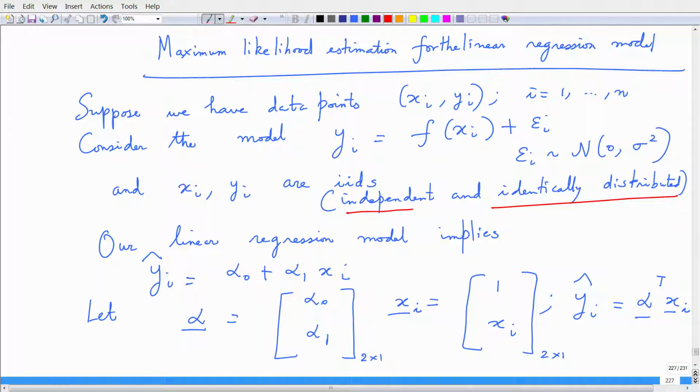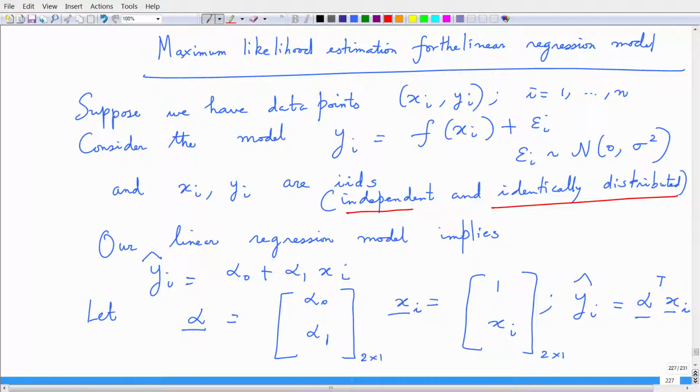Let us use the vector formulation that will help us to simplify the mathematics a little bit. Let this vector alpha be interpreted as a 2 by 1 column vector comprising alpha naught and alpha 1. We have x interpreted as a column vector comprising 1 and xi.